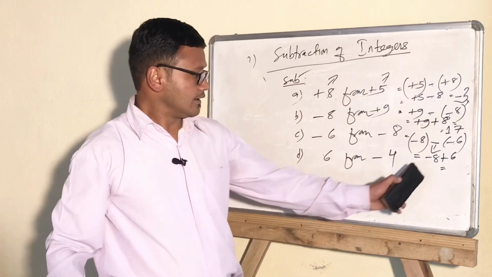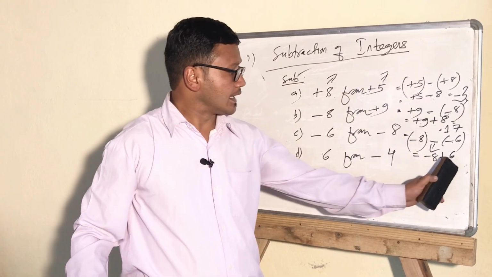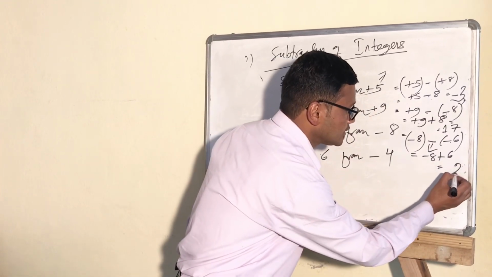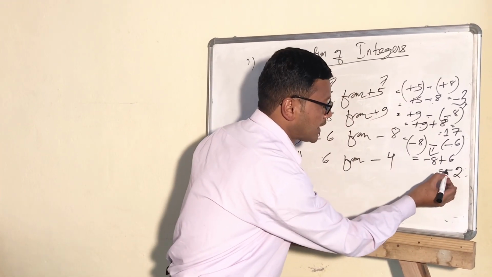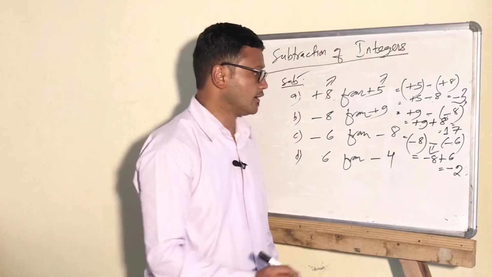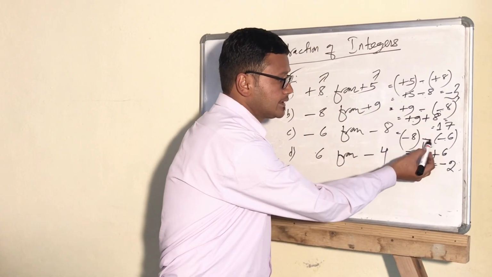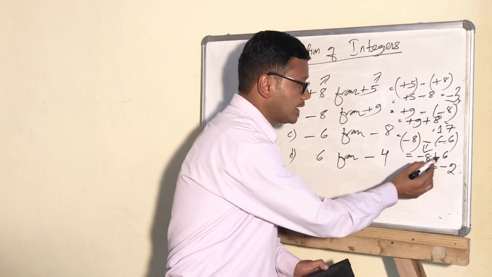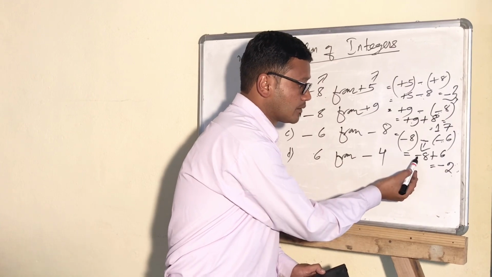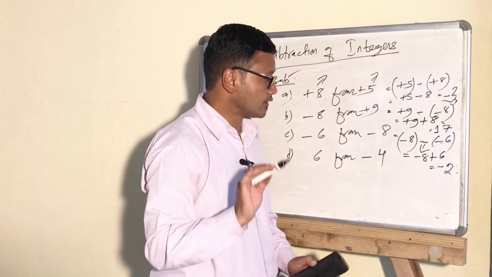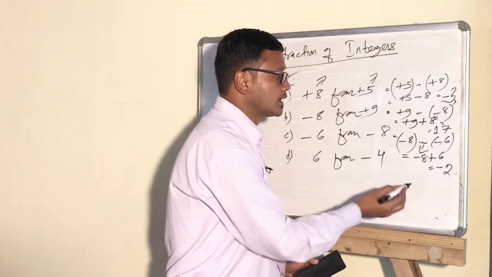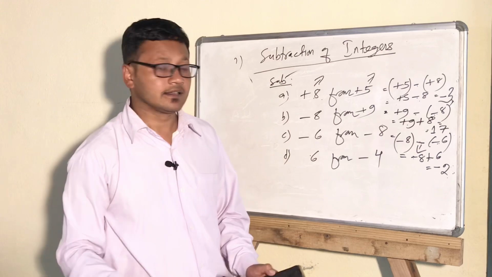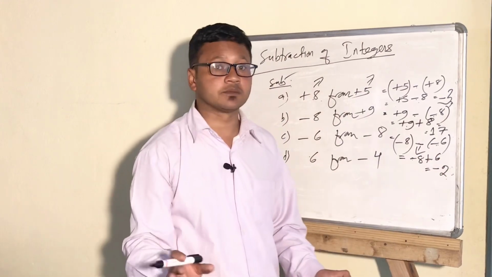Now the sign of the 8 is minus, the sign of the 6 is plus. We have to subtract. 8 minus 6 is 2, and the sign of the bigger number is minus. Again, don't be confused, here we must not multiply minus into plus. Many students say minus into plus is minus, no, it is not like that. Just subtract, then put the sign of the bigger number.